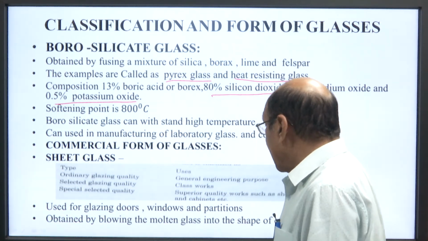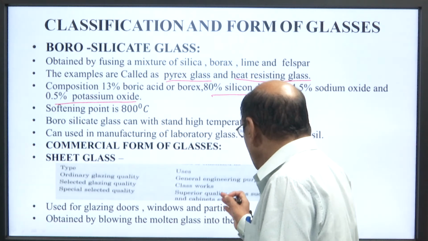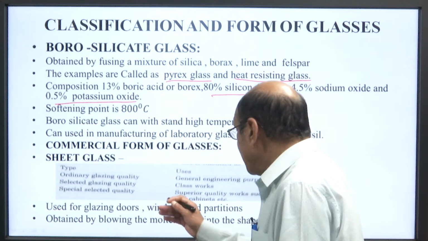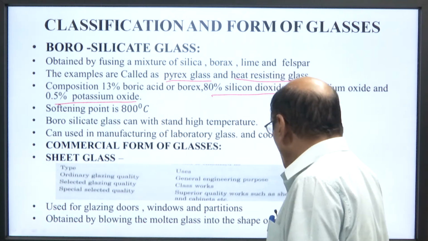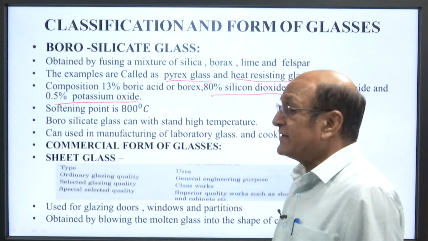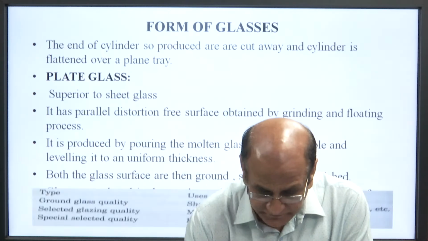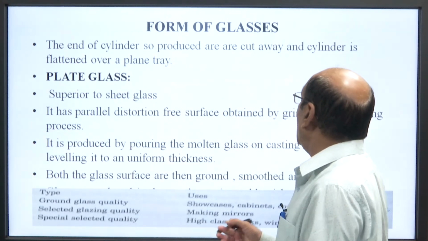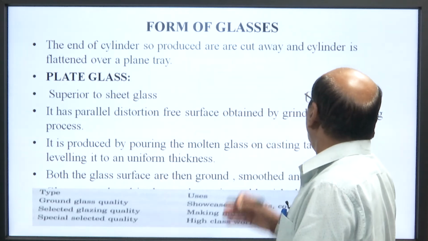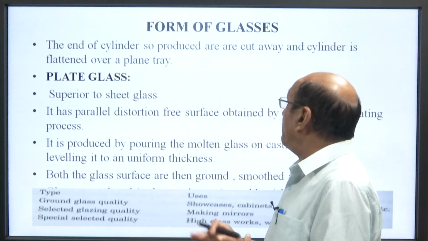The selected glazing quality is for glass work. A special selected quality, superior quality of work such as showcases and cabinets, is used. The ends of the cylinder so produced are cut away and the cylinder is flattened over a plain tray.